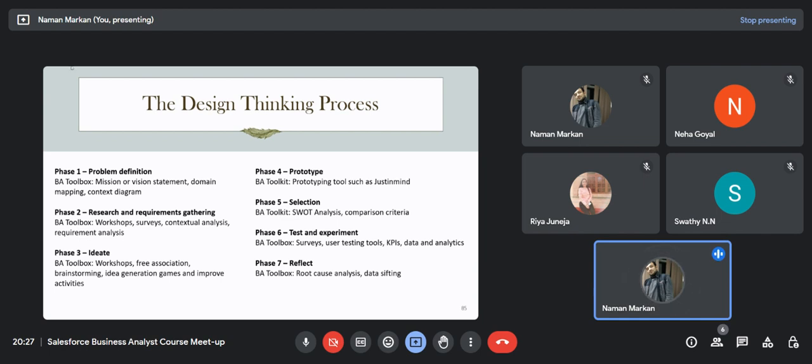Phase 2 is done with the help of some tools: workshops, surveys, analysis, requirement analysis, these kinds of documents and tools, or you can say methods, which help the business analyst to gather the requirements and to research a particular piece of information or the problem. Once it's been done, then you move forward with phase 3, which is ideate.